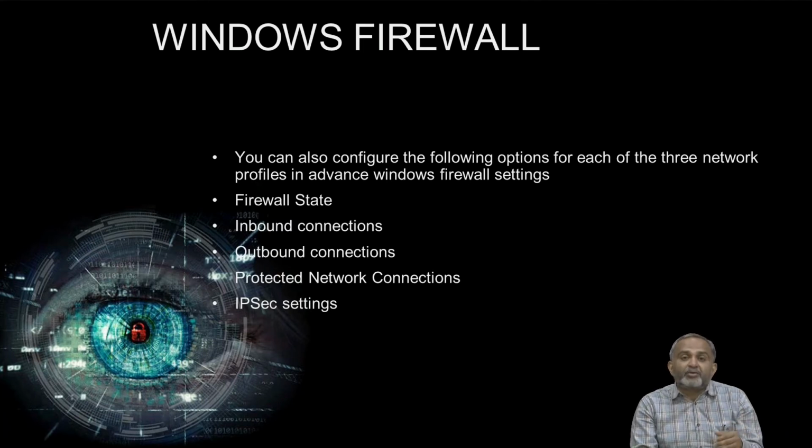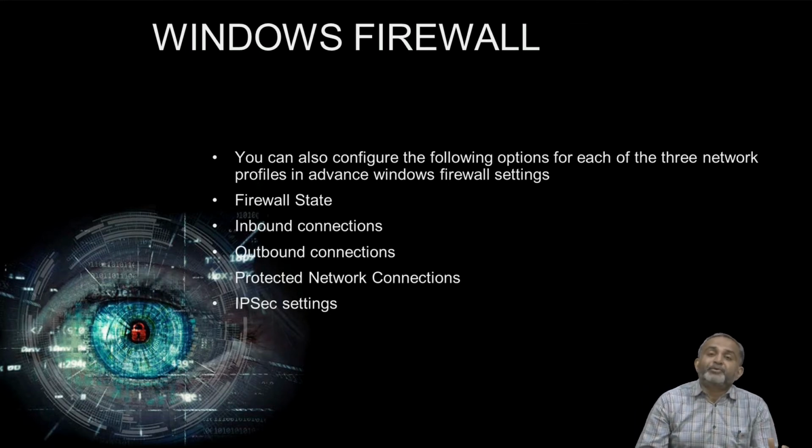After that, inbound connection means defining which kinds of connections are required to be monitored, or which kinds of connections can be considered normal. For outbound traffic, if you want to restrict certain kinds of data or packets that are sent from your network to another network, you can set the outbound connection also.